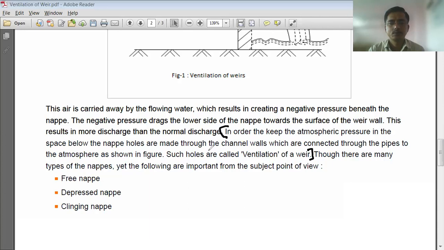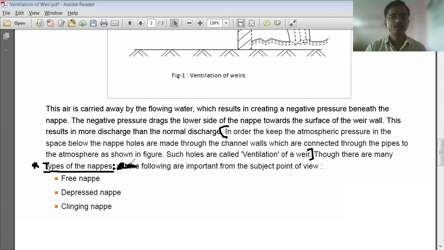Yes, sir. Then next write down the title, types of the nappes. Write down there.